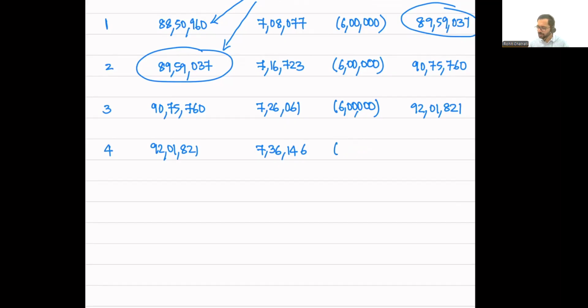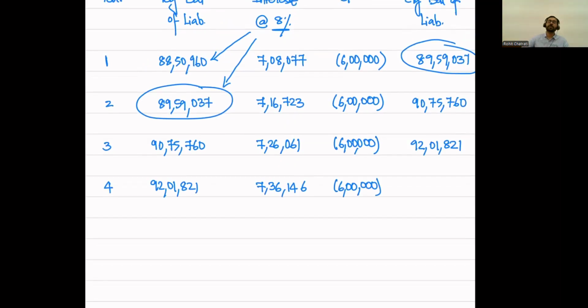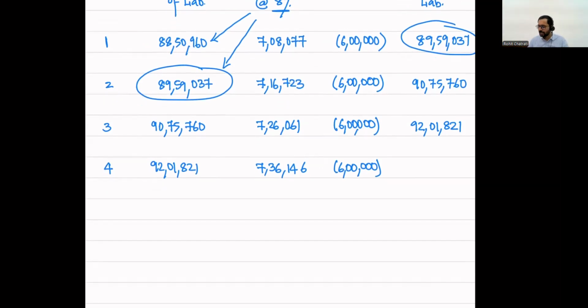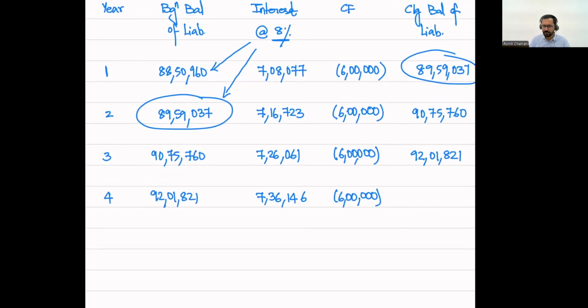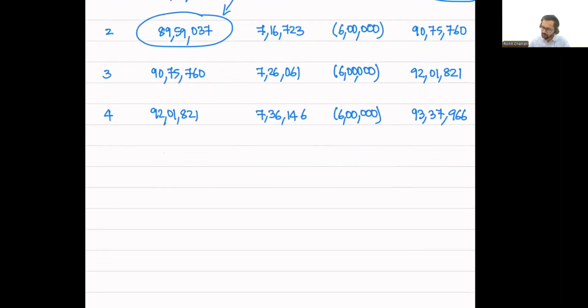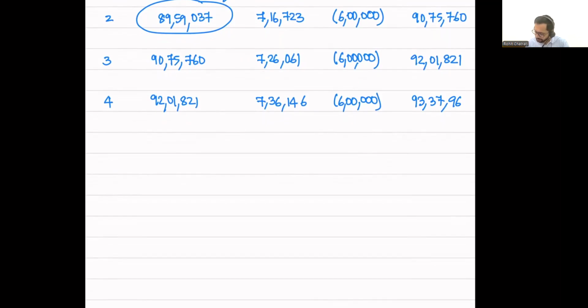I then have a payment of 6 lakhs that will be made at the end of year 4 as well. Remember, 6 lakhs is paid at the end of every year as coupon, and therefore my closing balance of the liability will be 92,01,821 plus 7,36,146 minus 6 lakhs, which is equal to 93,37,966 or 967.